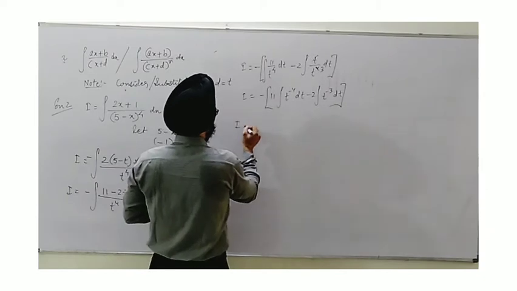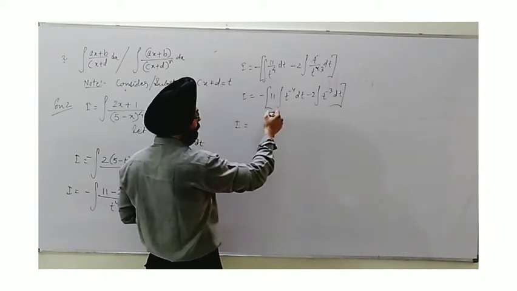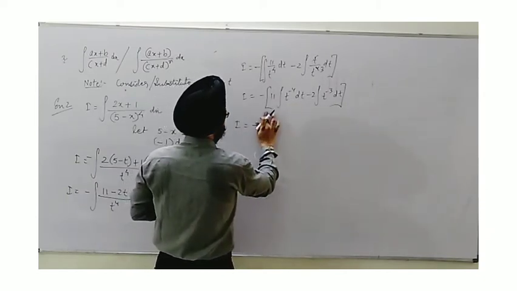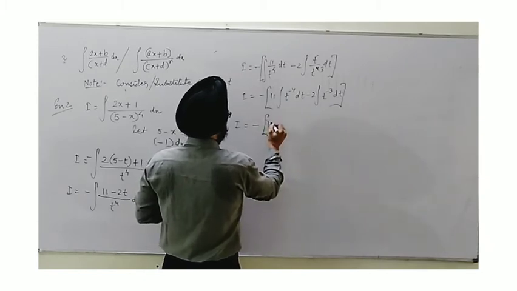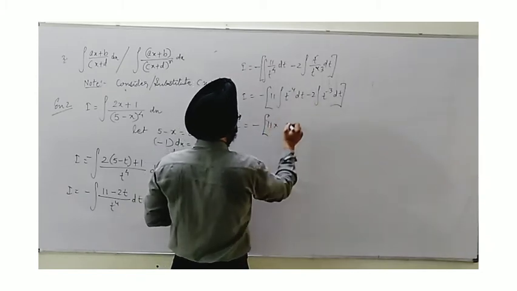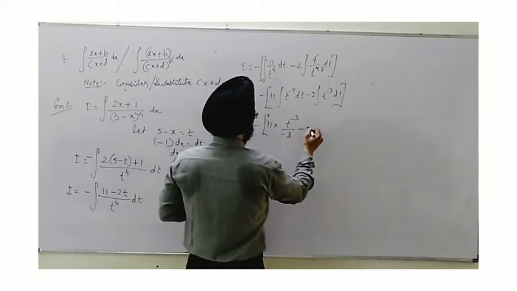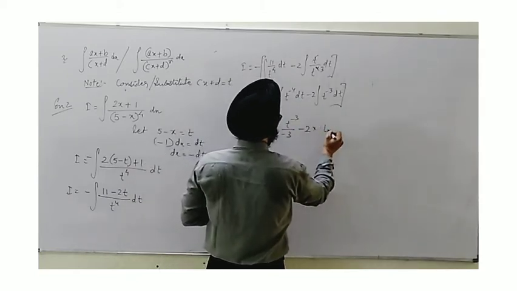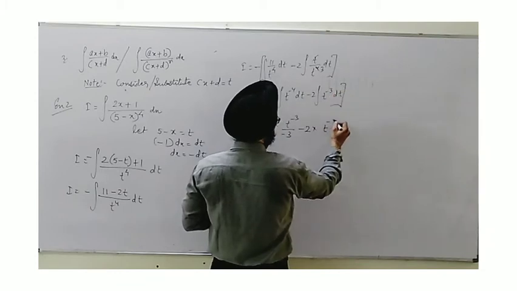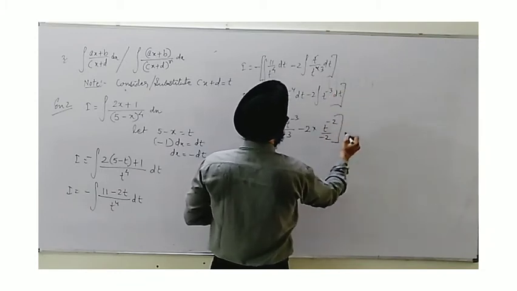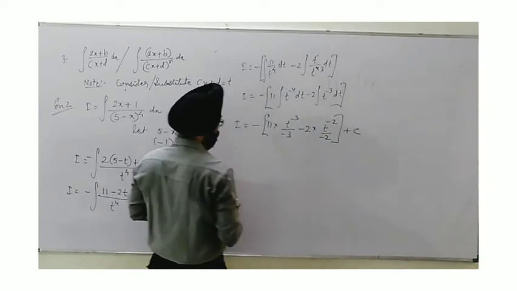Here we go. In both of the terms we have to use the pattern x to the power n. Here we find 11 t raised to the power minus 4 plus 1, which is minus 3, divided by minus 3, minus 2 times t raised to the power minus 3 plus 1, which is minus 2, upon minus 2, and whole plus c we can put.